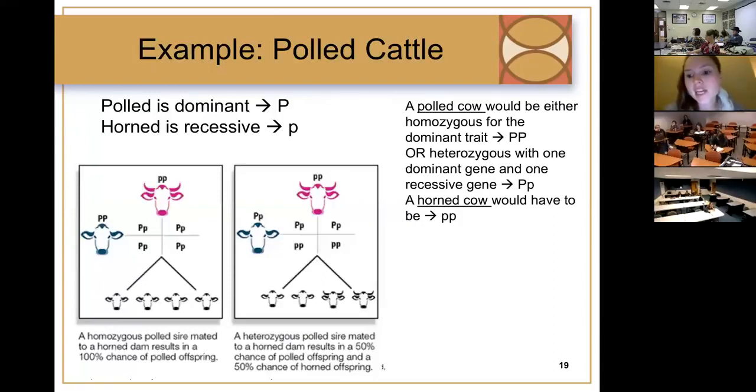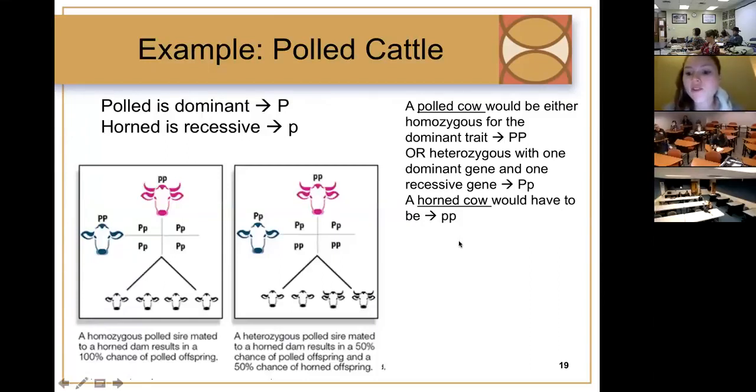If it's dominant, you only need one. So if you have big P, little p, it doesn't matter that that little p is there. That makes them heterozygous, but that big P is still what's going to control the trait. Does that make sense?